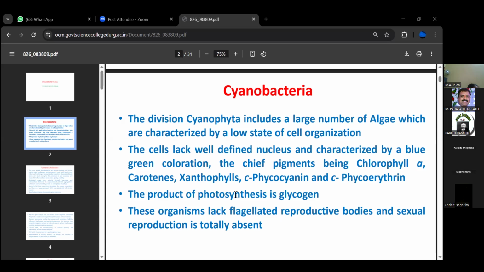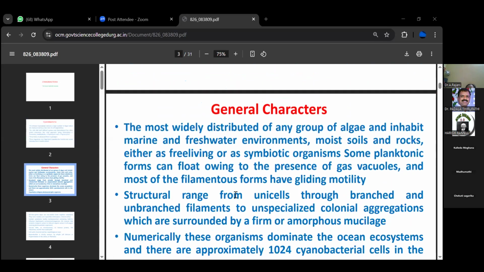Anyone? Rhodophyceae. Rhodophyceae, very good. Another one: in these Cyanophyceae also, flagella are absent. The reproductive bodies with flagella are totally absent, and sexual reproduction also. This is very important for the examination: flagella is absent, and sexual reproduction is also totally absent in this one.